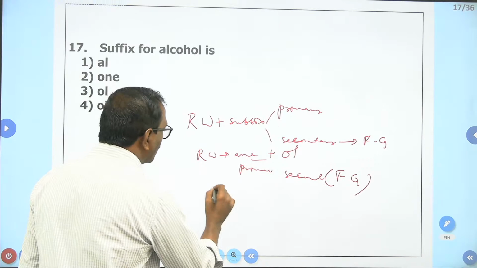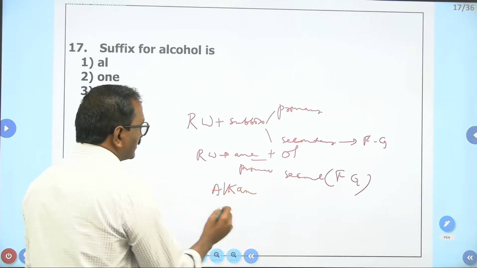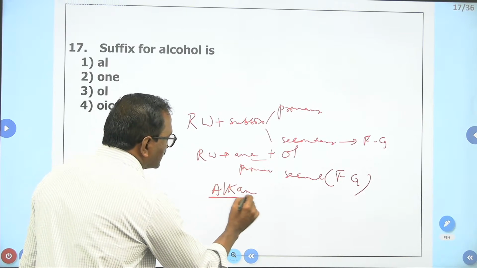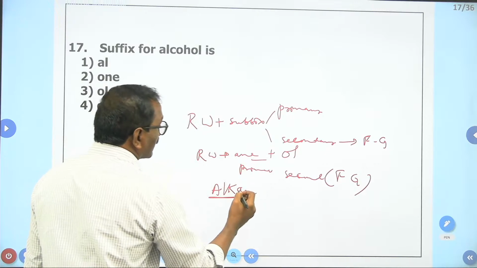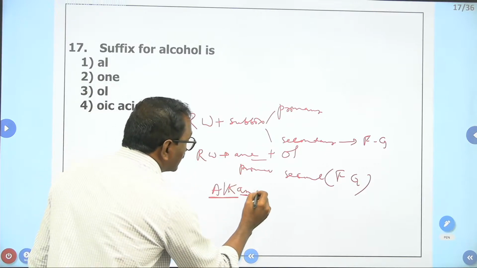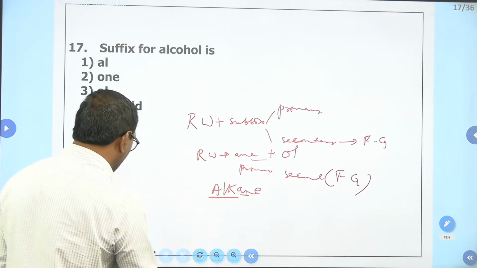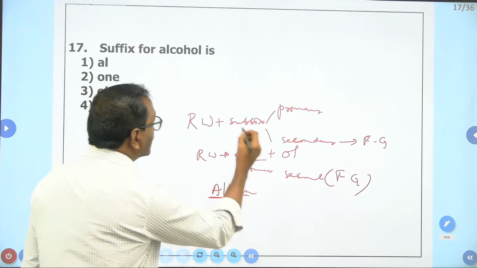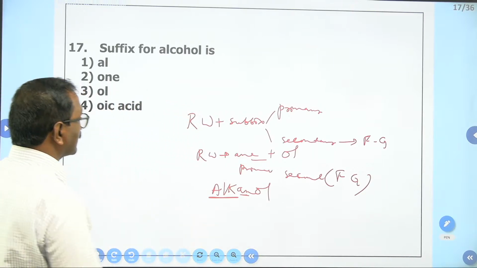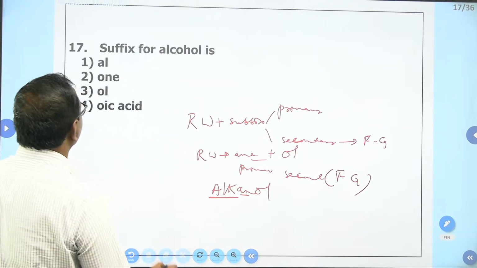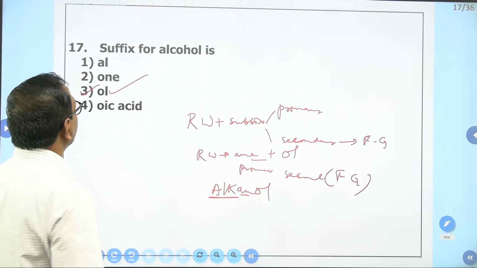Therefore, we get alk, an, the root word and the primary suffix. Because alcohol is the functional group, the e is replaced by OL, so you get alkanol. Therefore, the suffix for alcohol is OL. The third option is the right answer.